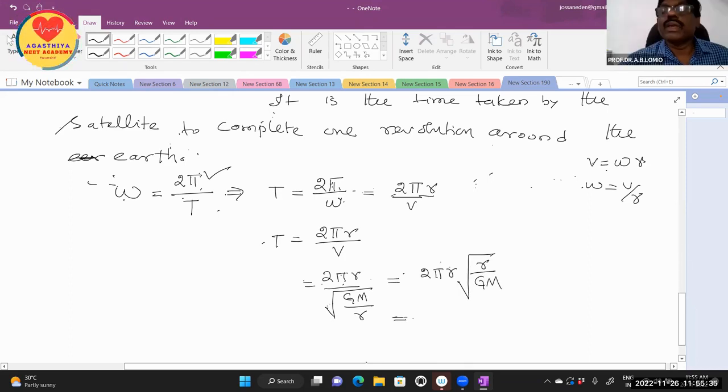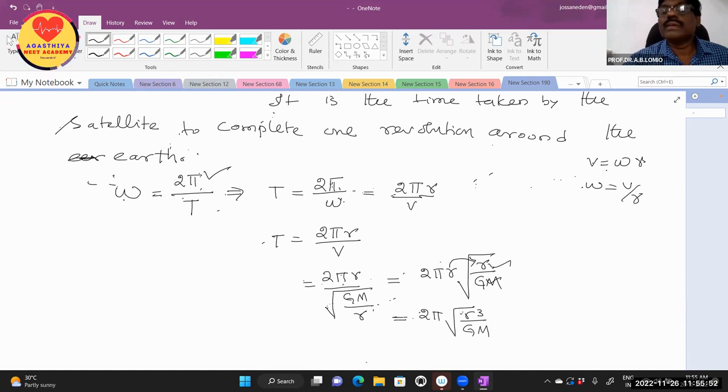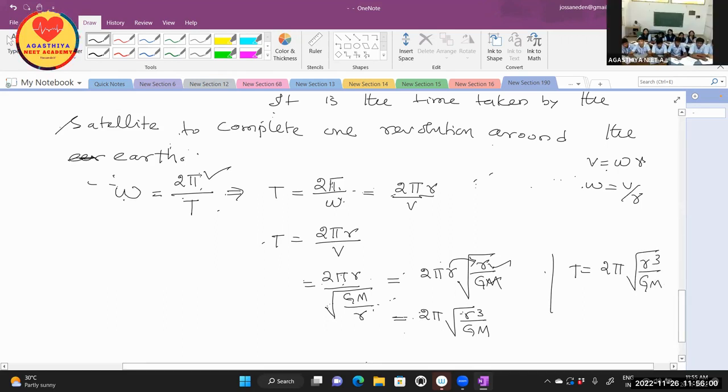When R enters into the root, it becomes R squared. Understand? Already R is there. Here, it becomes R cube divided by GM. Therefore, the time period is 2 pi root of R cube divided by GM.